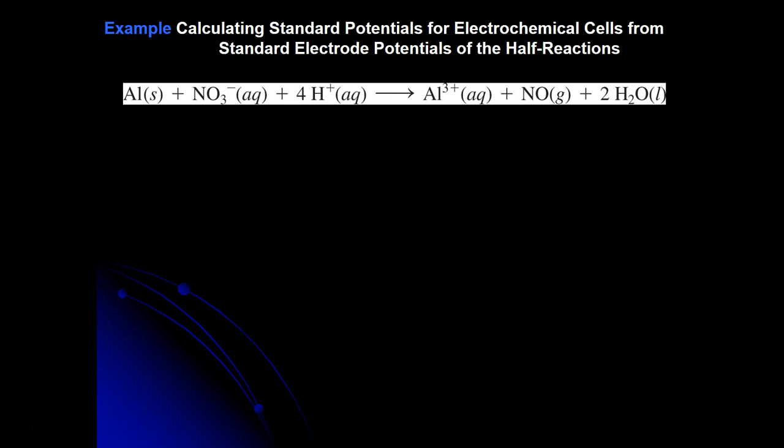We get out aluminum 3+, we get out nitric oxide, we get out water. Now, take a look at those oxidation states. It definitely looks like something's being reduced and something's being oxidized. I mean, take a look at aluminum. It's gone from having an oxidation number on the left of 0, since it's in its elemental state, to losing electrons to be Al3+.